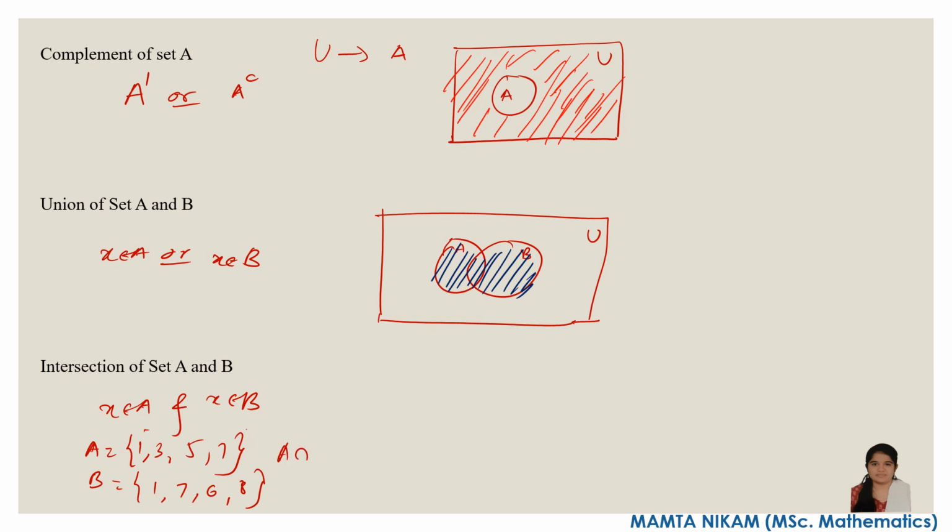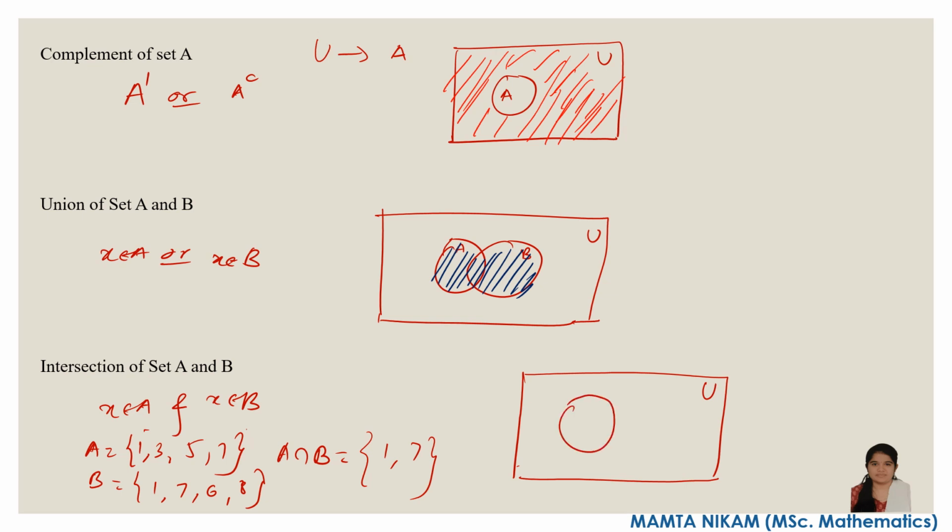So the intersection will be only what is common, 1 and 7. When you have to represent it pictorially, how do we do it? We draw the universal set, inside it two sets, say A and B, and out of these only the common part is considered, so the common part will be highlighted here. This will be the pictorial representation for the intersection of sets. Let's move on further.